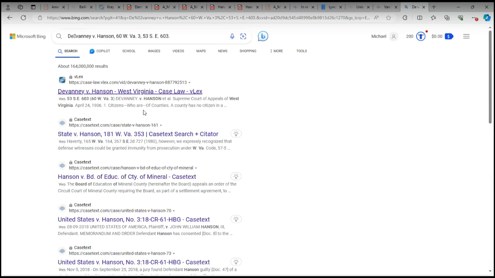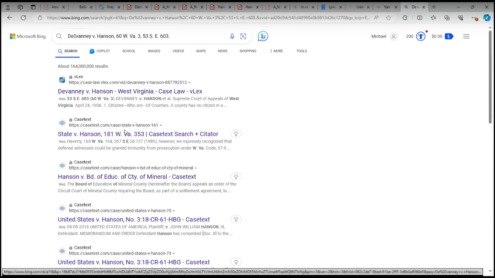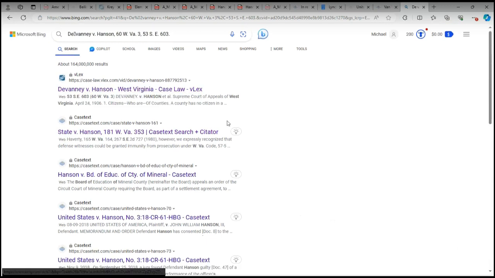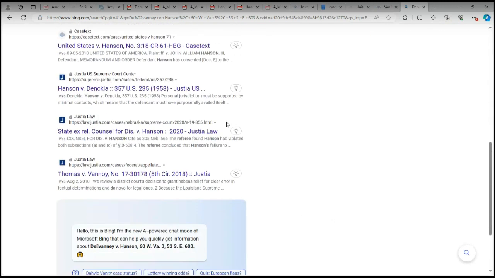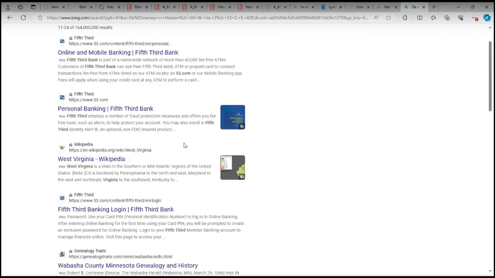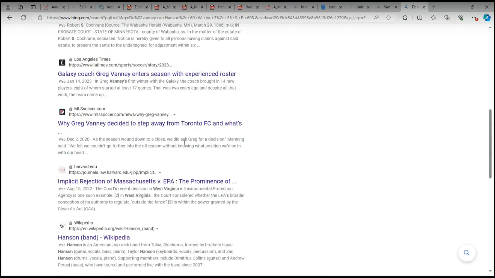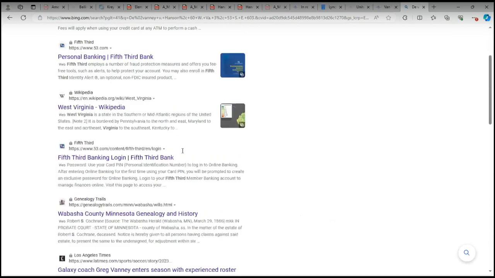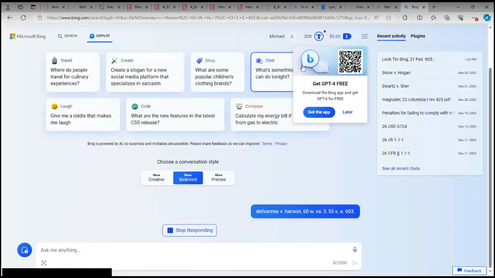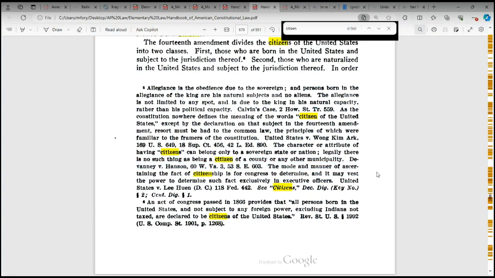I'll have to go to the law library or somewhere else because this isn't the case here. At least unless it's down here somewhere, but you would think it would give it one of the first aspects of it. I have to look that up at the law library when I get a chance.